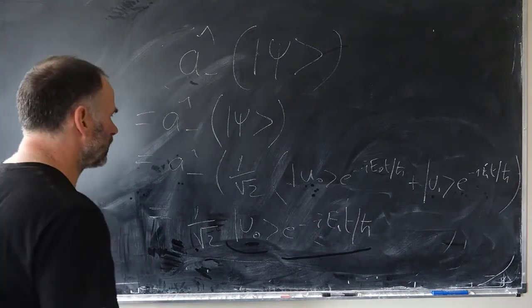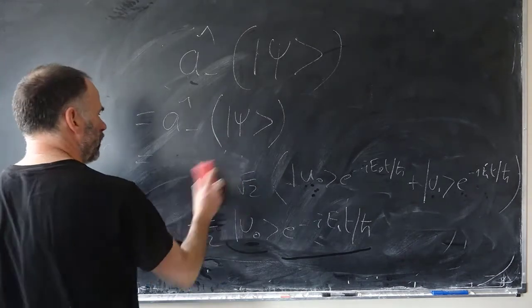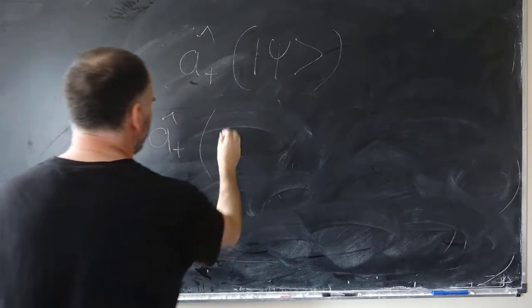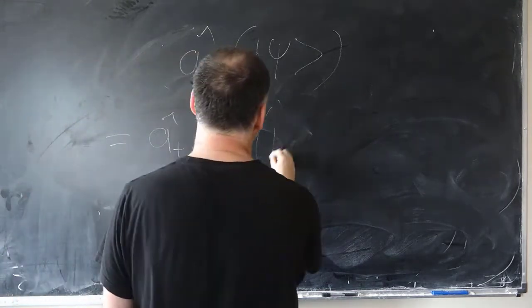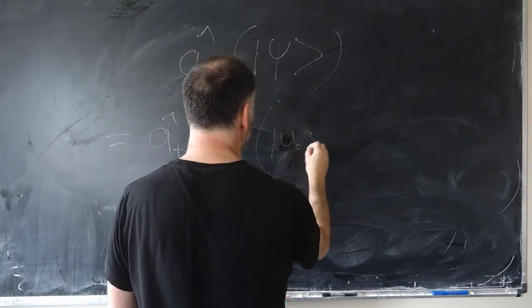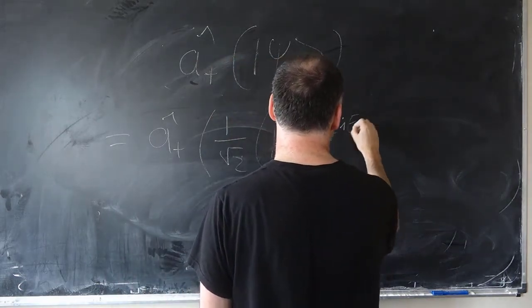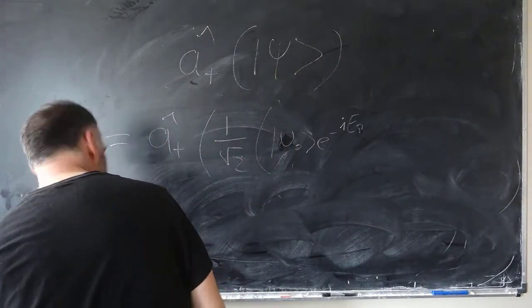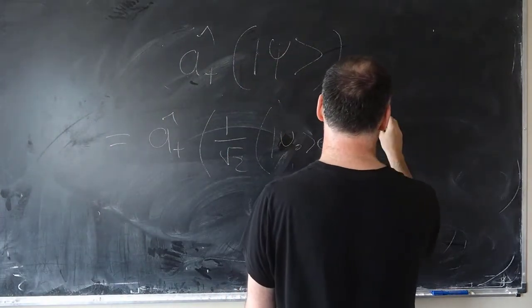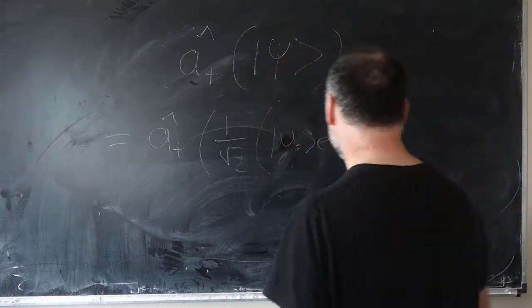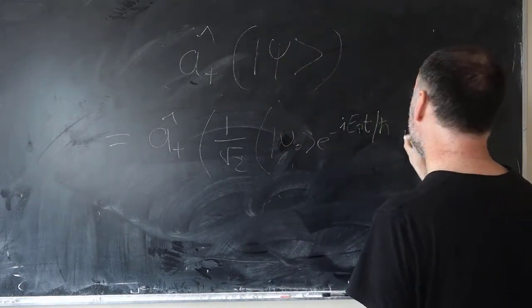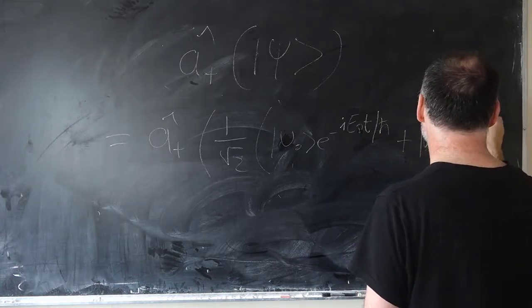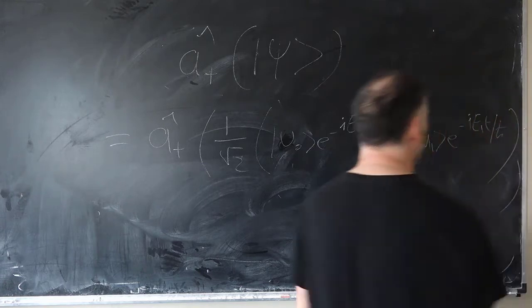Now let's apply the raising operator to our state vector. Let's write it out longhand again. So we're applying the raising operator to 1 over root 2 into u1 e to the minus i e1 t over h bar.